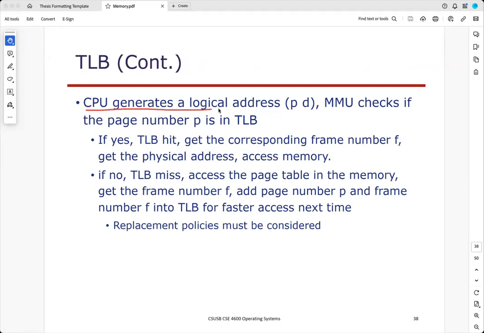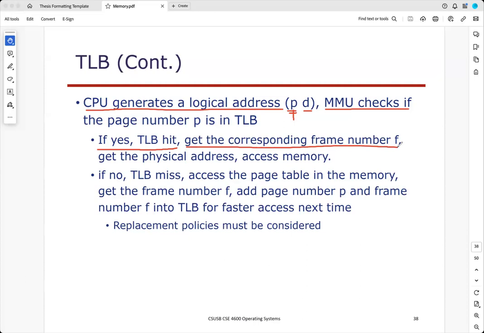Now the CPU generates a logical address. We know the logical address has two parts, page number and page offset. The memory management unit checks if this page number P is in the TLB. If this page number is in the TLB, we say we have a TLB hit. The MMU will get the corresponding frame number F from the TLB.